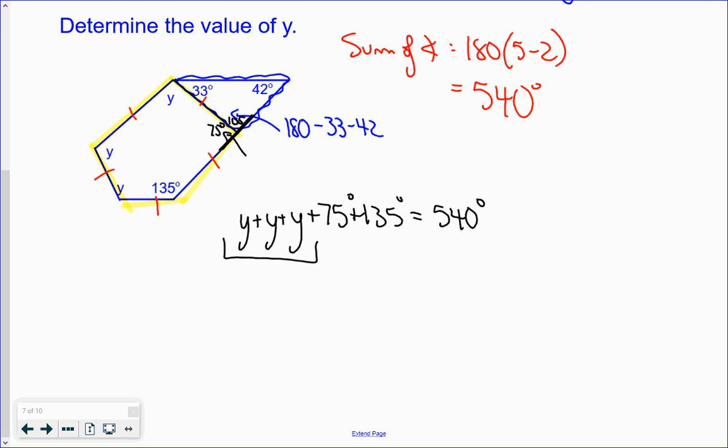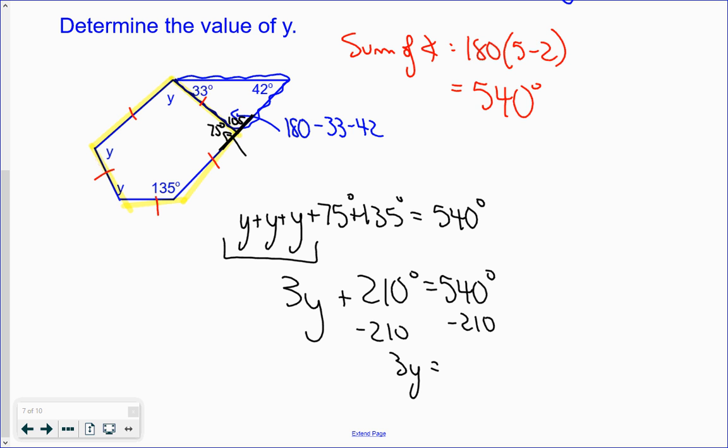So y plus y plus y is 3y. 75 plus 135 is 210 equals 540. So I'm going to minus 210 from both sides. So 540 minus 210, and I get out 330. I'm going to divide both sides by 3, so y equals 110.